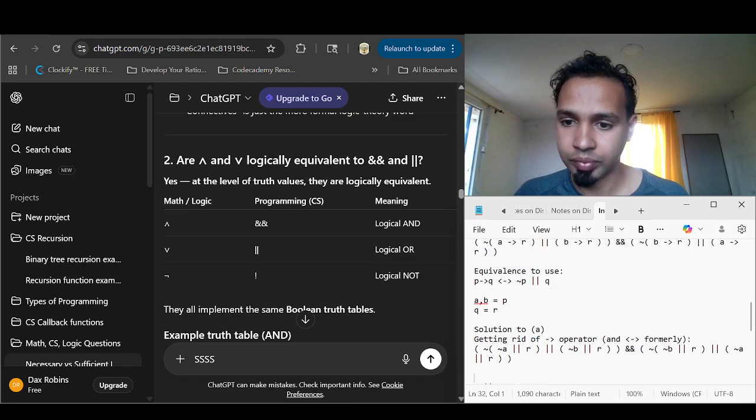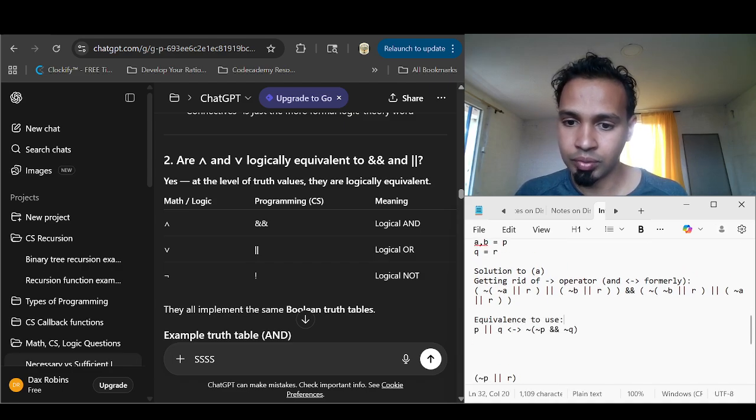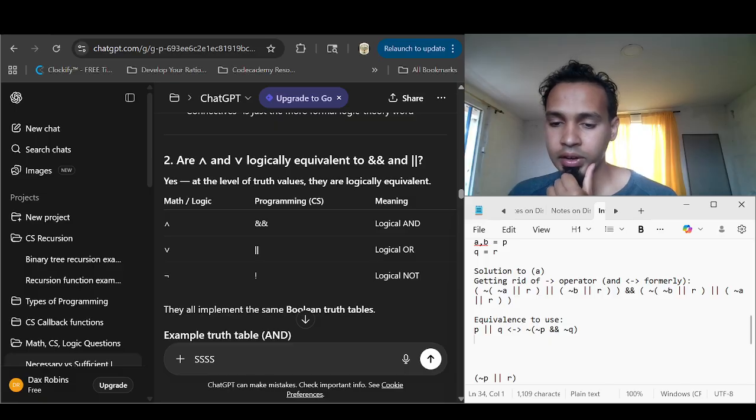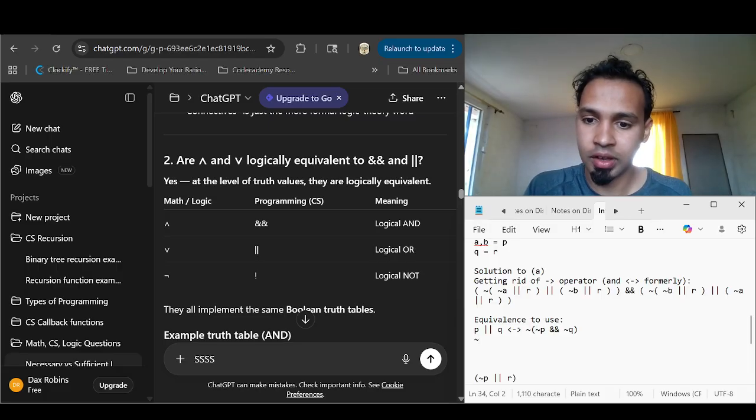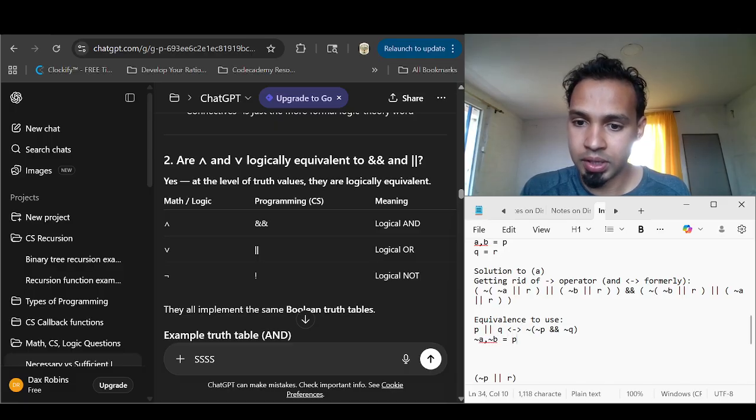So, new equivalence to use, and in this case, not A and not B are equal to P, and then, oh my gosh, we have so many nots.